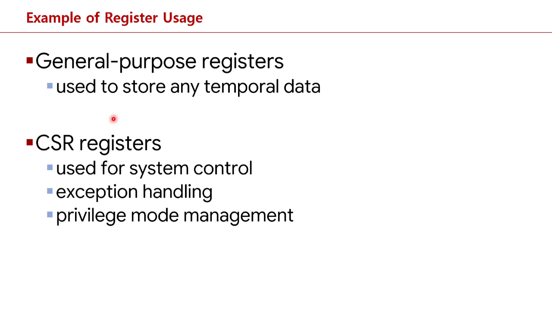The main difference between the two is that the general purpose register can store any temporary data. Instead, CSR only stores predefined data. A detailed analysis of each register will go ahead in the next lecture. At this time, I want to highlight the features of the register.